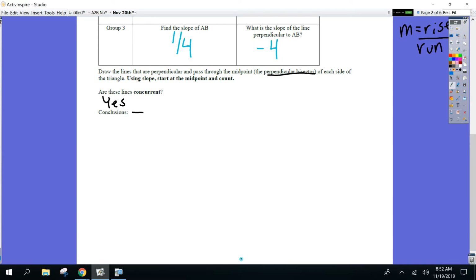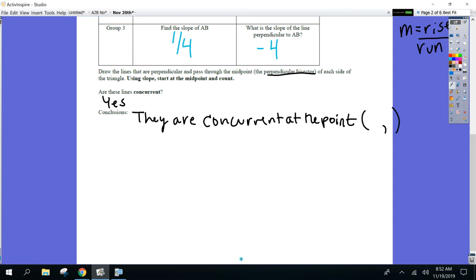And then a conclusion we can make, they are concurrent at the point, and I'm going to need somebody to name that XY coordinate that they're all concurrent at. So what's that XY point that they're concurrent at? They are concurrent at the point.